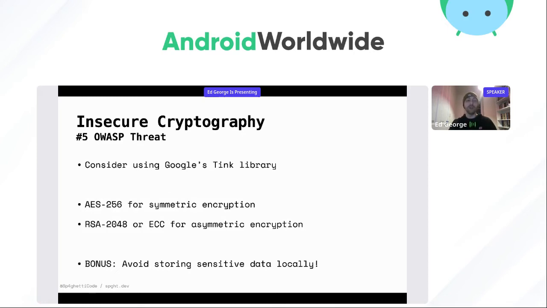The 2 recommended solutions for that are AES 256 and RSA at least 2048 now. Or ECC, which I totally forget what the acronym is for. It's elliptic curve, something I've completely forgotten. But ultimately, the big bonus here is to just avoid storing sensitive data locally where possible.